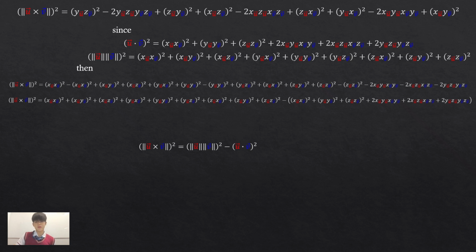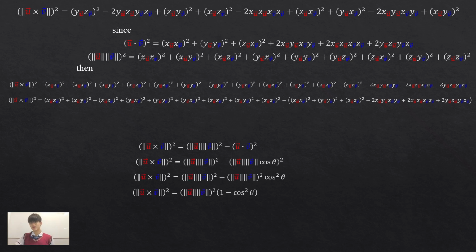Since we already know the formula for the dot product, we can substitute it here. After rearranging, we'll see that the equation contains the term 1 minus cos squared theta. Using the trigonometric identity, 1 minus cos squared theta equals sine squared theta. We can rewrite the equation as follows.